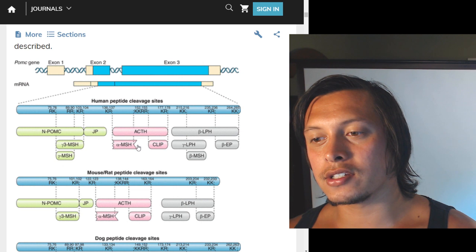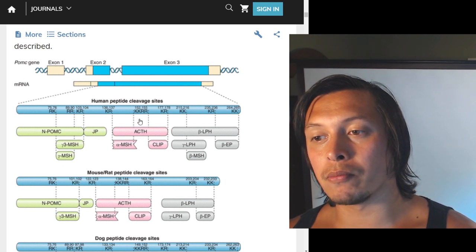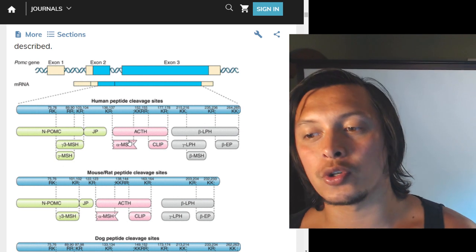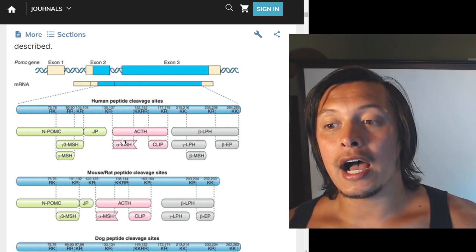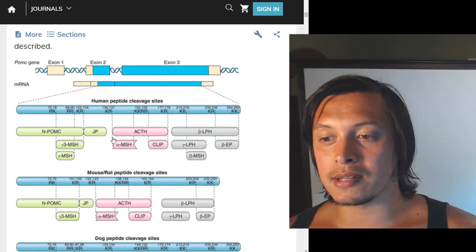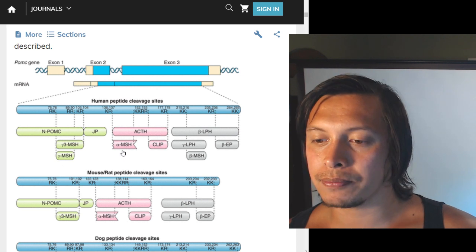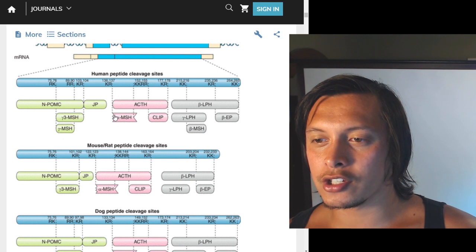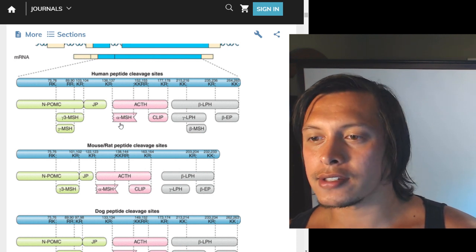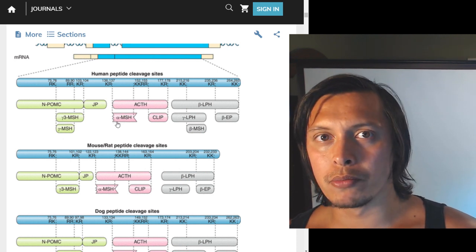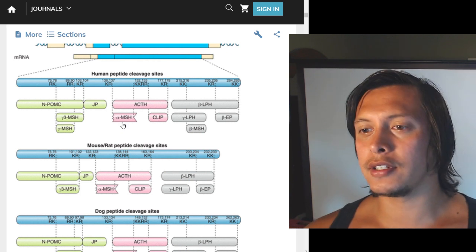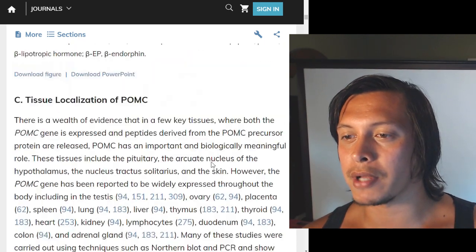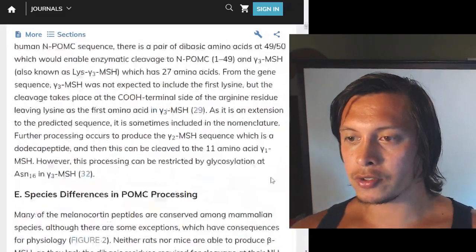So these still need to be further removed. These basic amino acids need to be removed to get the final alpha melanocyte stimulating hormone. And here, I'm guessing this jagged area indicates that there was a removal of one of the amino acids on the N-terminus as well, except I'm not too familiar.